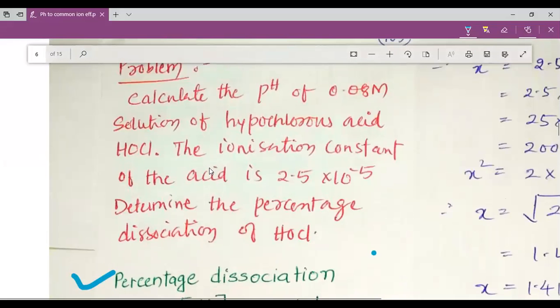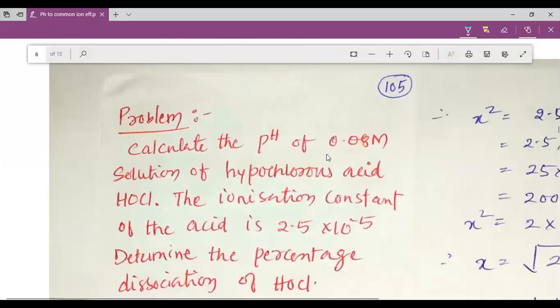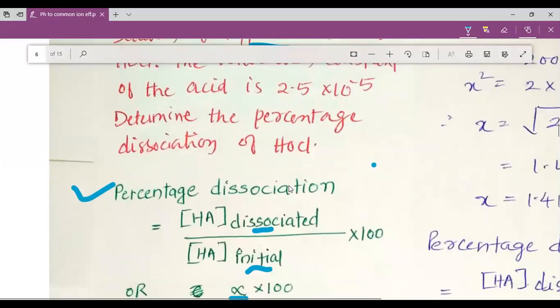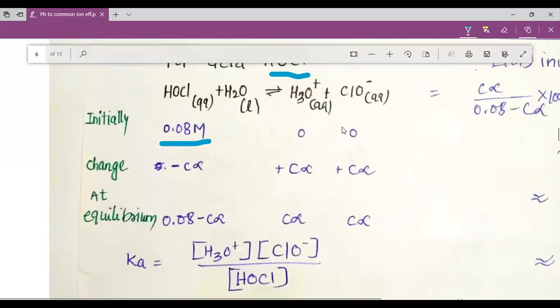The initial concentration has already been given, my dear students. We know that initially no products are formed, so their concentration is 0 and 0. Now the change in the concentration. We know that the concentration of reactant changes or decreases so that the products are formed.